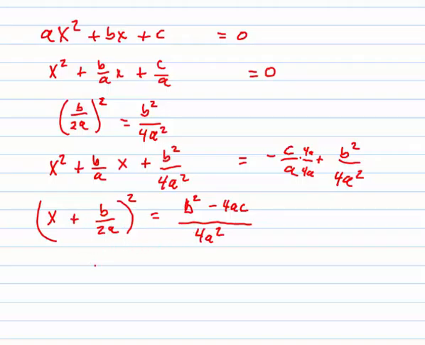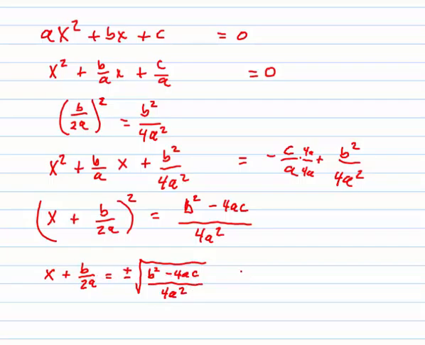Now we take the square root, using the square root property. So x plus b over 2a is equal to plus or minus the square root of b squared minus 4ac all over 4a squared.